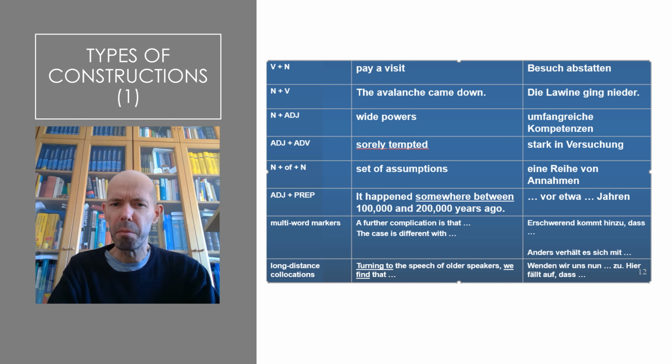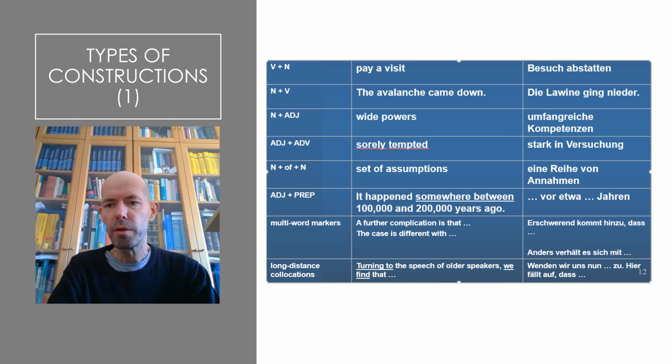These multi-word markers, to complicate matters a bit, enter into long-distance collocations. So they collocate with other markers across considerable distances. So you get something like turning to, which is used to initiate a topic change. You change from one topic to another, turning to the speech of older speakers.